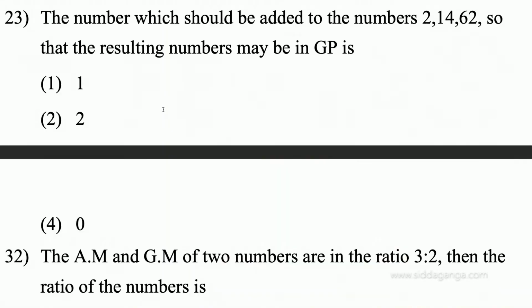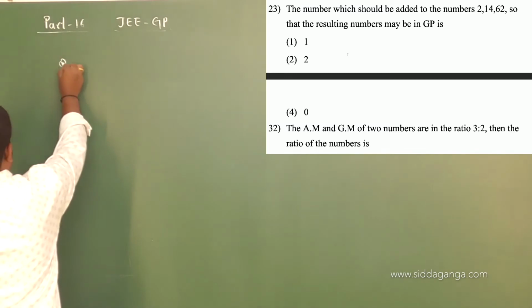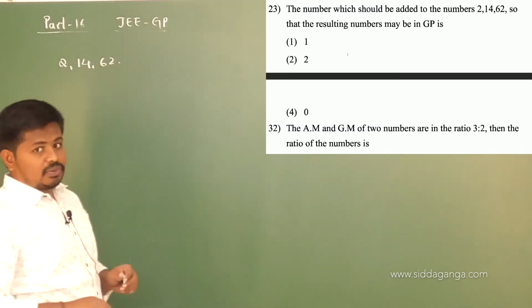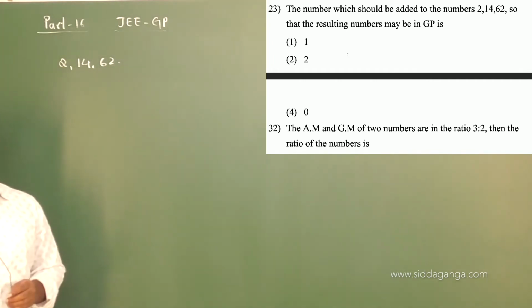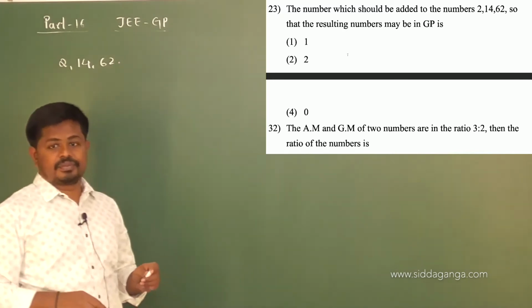Okay, let us move on to question number 23. Which number should be added to the numbers 2, 14, 62, so that the resulting numbers may be in GP? Here we have 3 numbers 2, 14, 62, and 4 options: 1, 2, 3, 4.